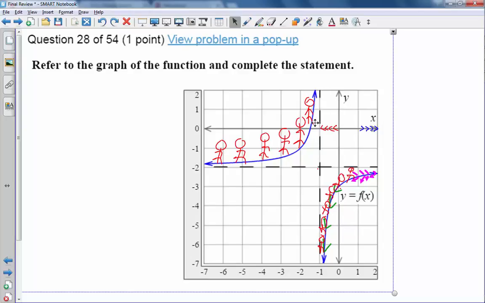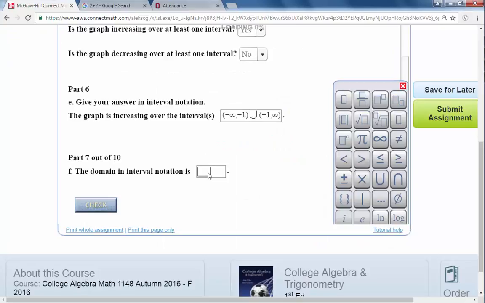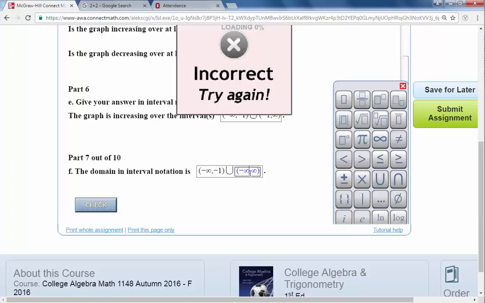This moment is void. So it is negative infinity to negative 1, and negative 1 to infinity, the same interval as in this one. That's negative 1.